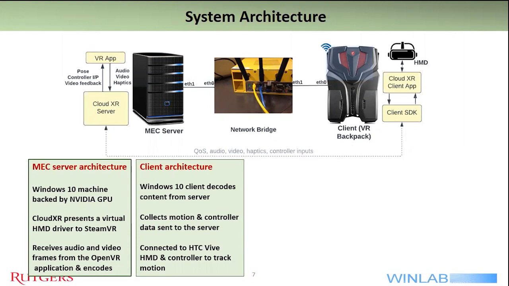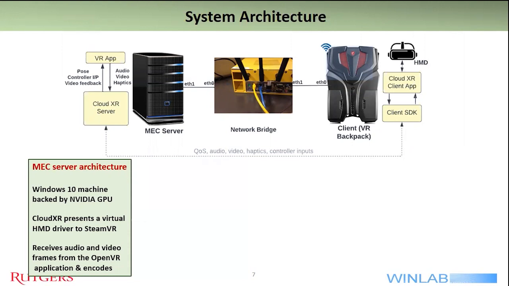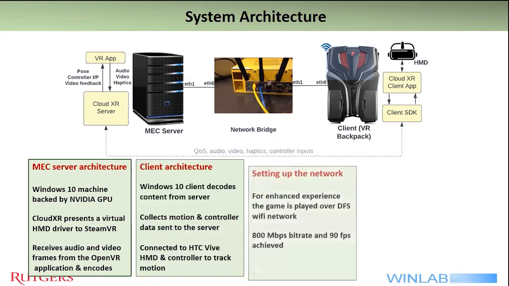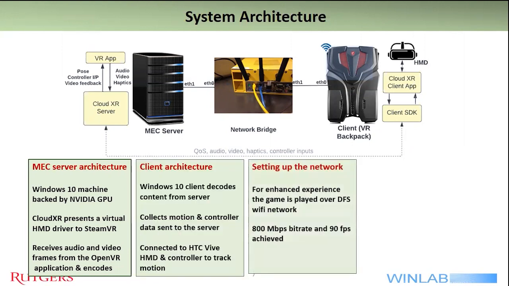Now comes the network bridge, so setting up the network. Initially, just to get an enhanced gaming experience, we tried to play the game over a DFS Wi-Fi channel. That is dynamic frequency selection, which uses underutilized interference channels.